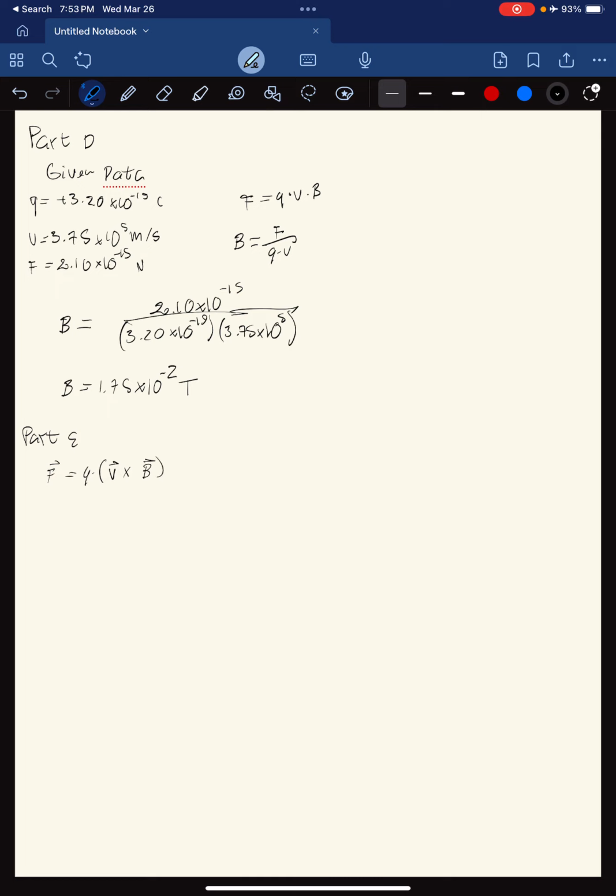We know the velocity. So the magnetic field has only a z component, right?